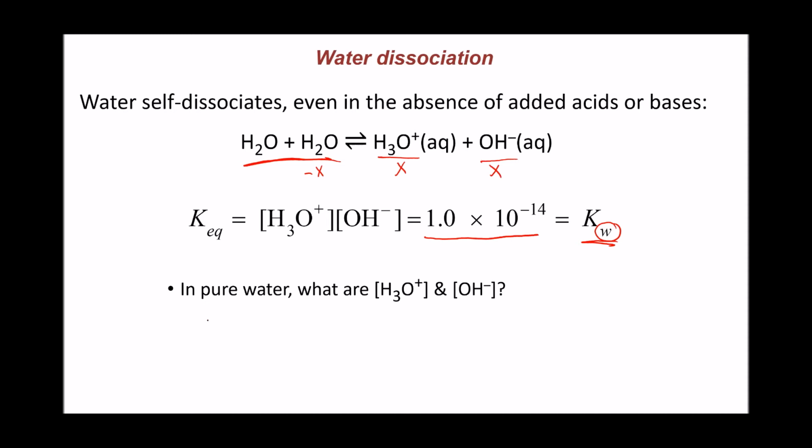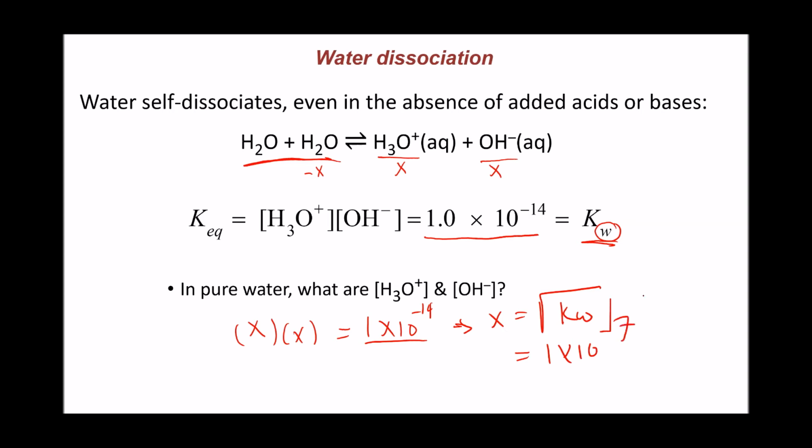So the product of hydrogen ion concentration, which is X, times hydroxide ion concentration, which is X, is going to equal the value for the equilibrium constant, which is 1 times 10 to negative 14, which means X, or the concentration of either of the two ions, is going to be the square root of Kw, the square root of this number here, which is 1 times 10 to negative 7.